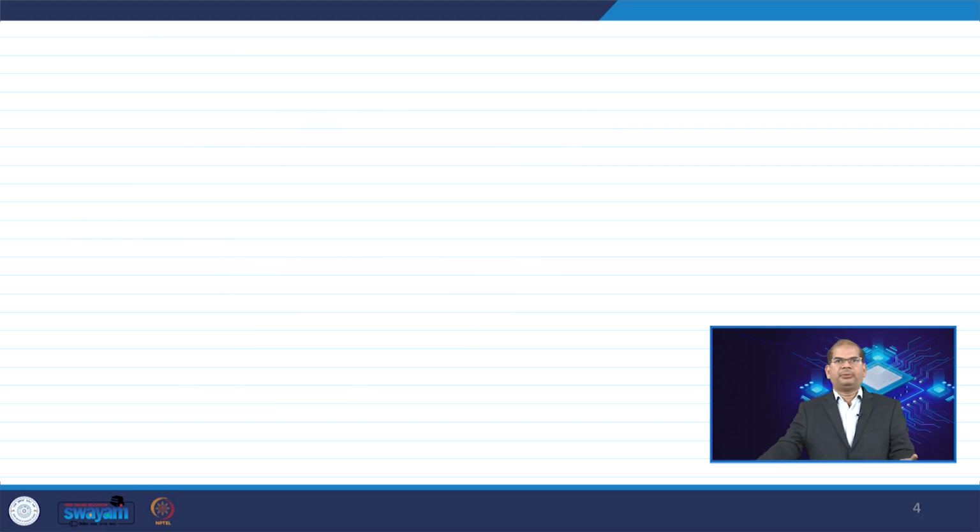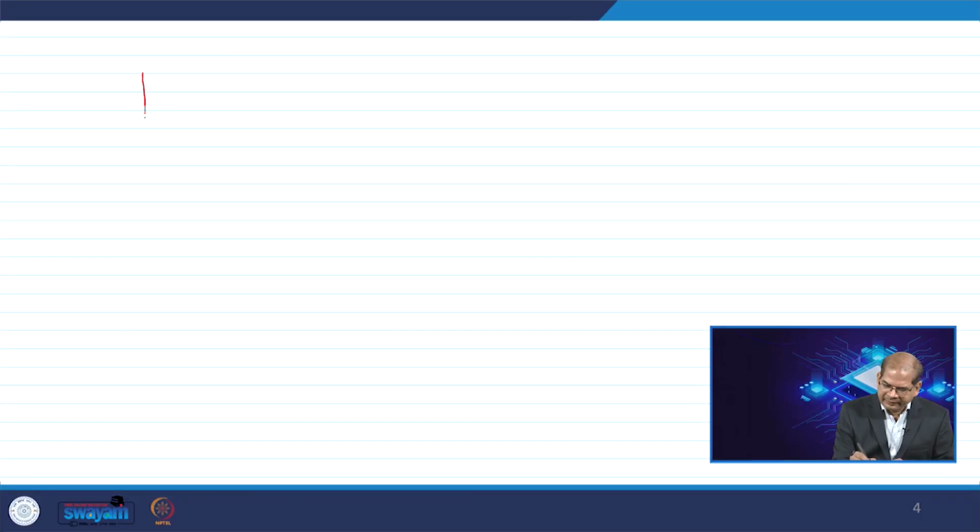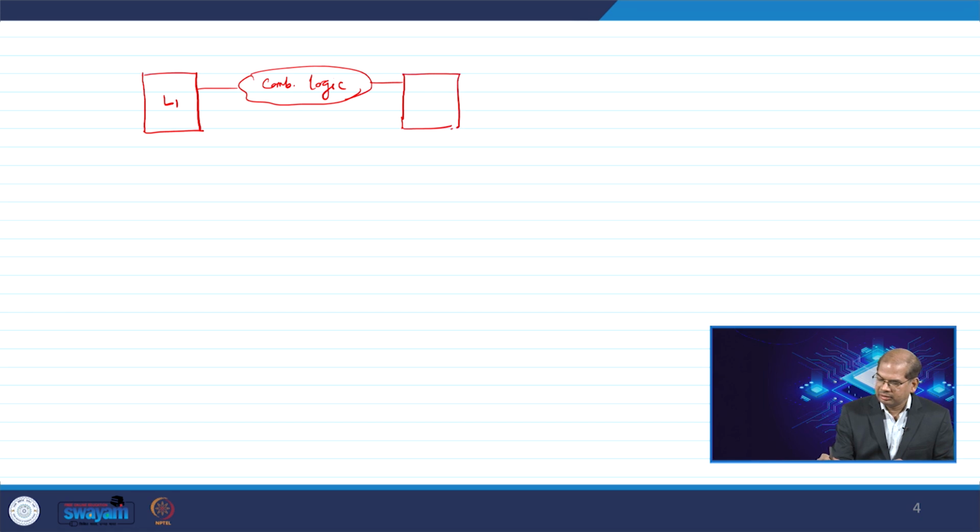A latch based system allows us to borrow time from the next stage. How much time can it borrow? How can you do that calculation? We will discuss in this slide. Let us say I have a latch 1, then a combinational logic, then a latch 2.